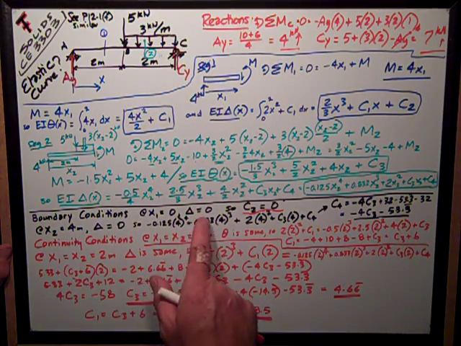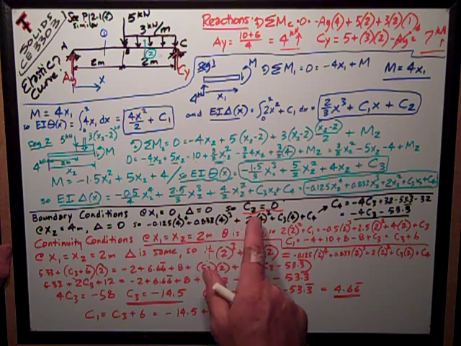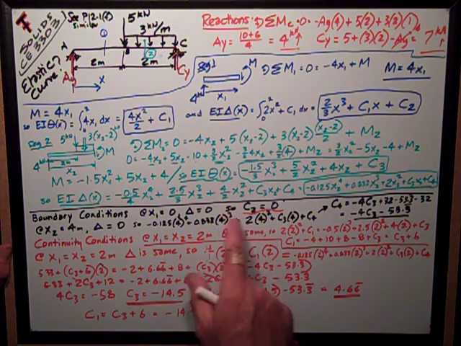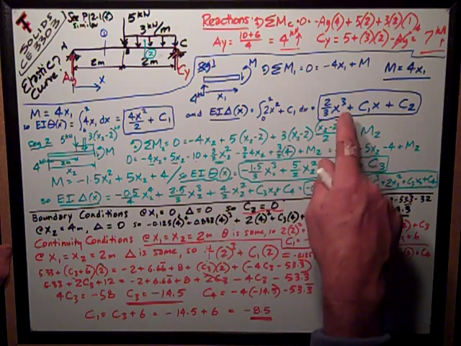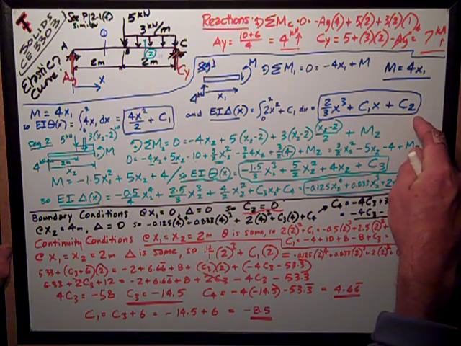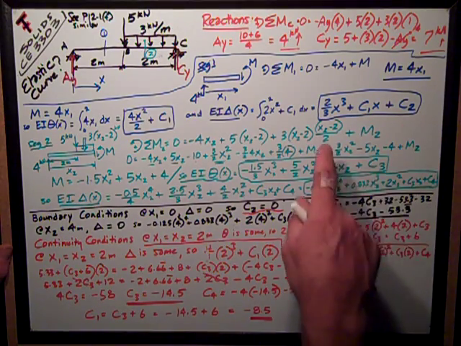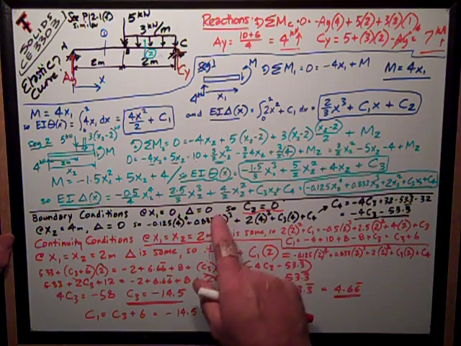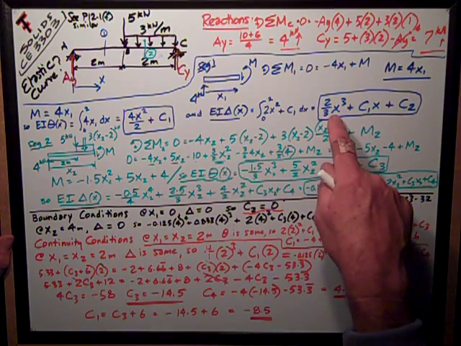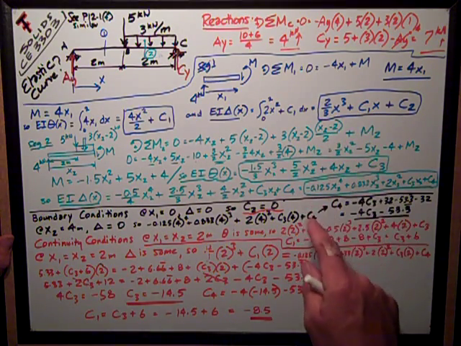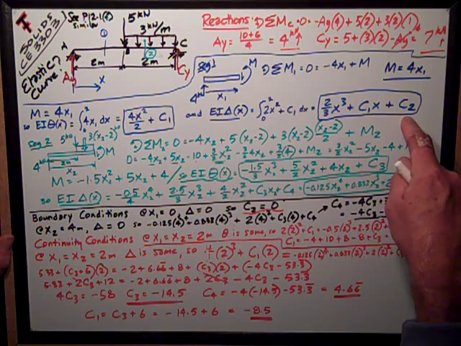My deflection delta is equal to 0. The first one's nice and easy. If I plug into this equation right here, my first segment elastic curve deflection equation, I put in 0 for both these values of x, and I get that C2 is equal to 0.